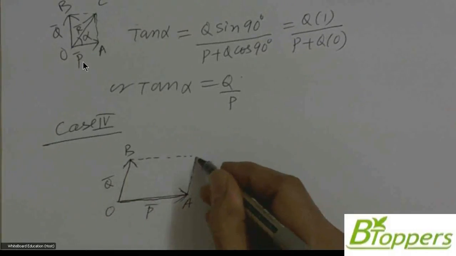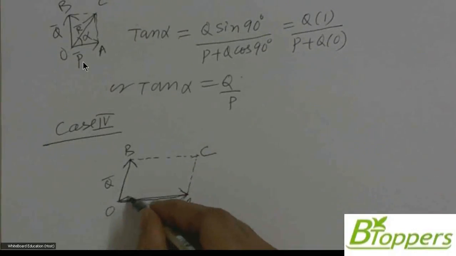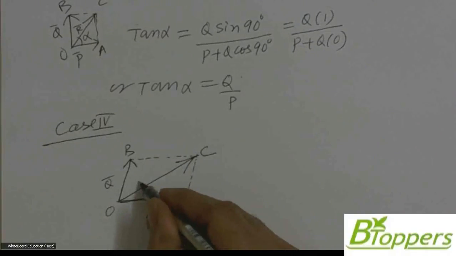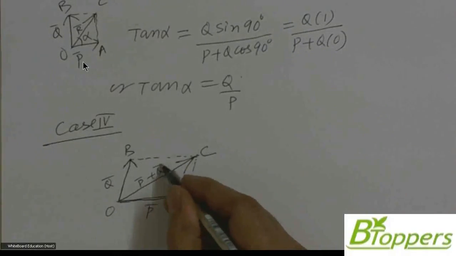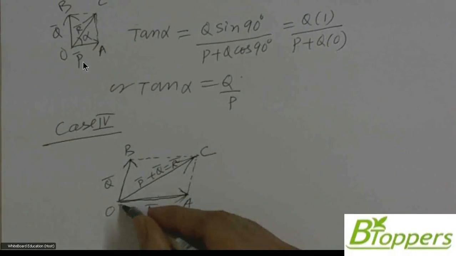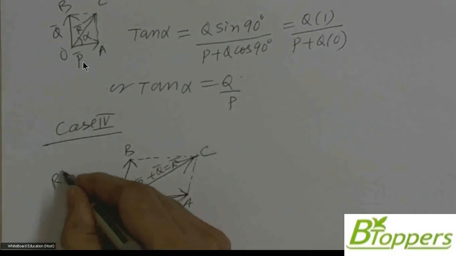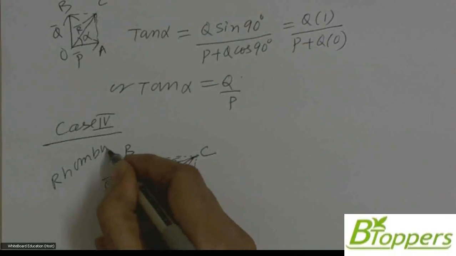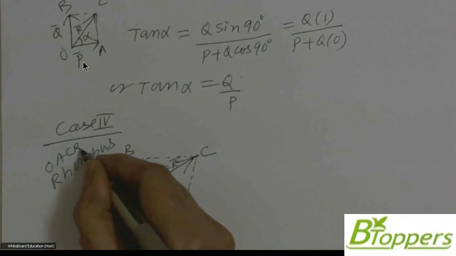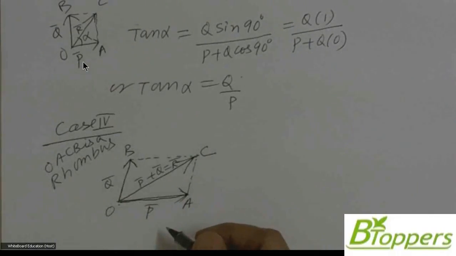So if you complete the parallelogram as we have done previously, OC bar represents the resultant of P bar and Q bar. Here the parallelogram OACB becomes a rhombus.